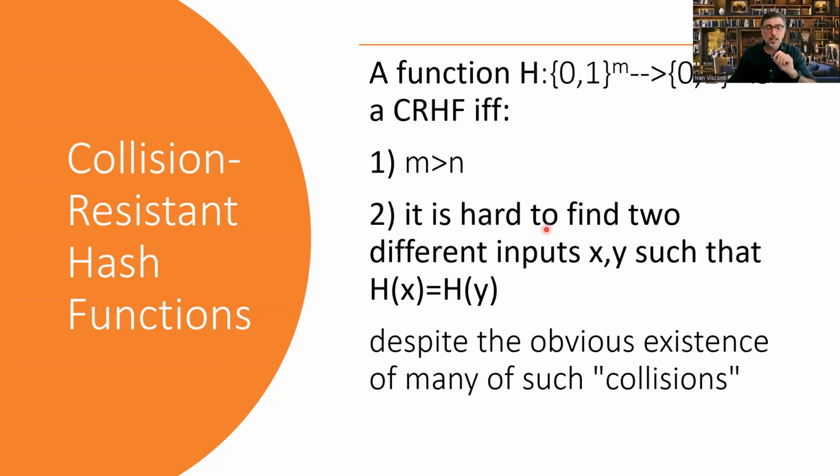But even though there are collisions, and maybe there are many collisions, it is hard to find even a single collision. What is a collision? Two elements in the domain that you give in input to H, such that the output is identical. Okay? That's why they are called collision resistant, because it's hard to find collisions. By hard, we mean nobody can find even a single collision, having bounded resources.